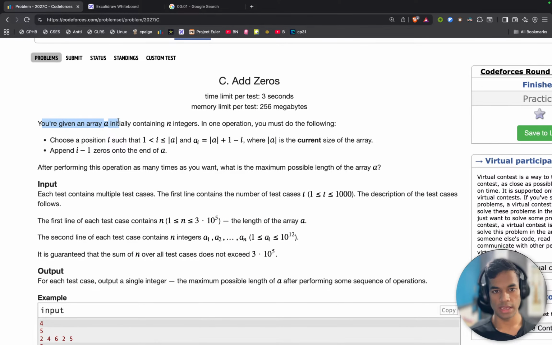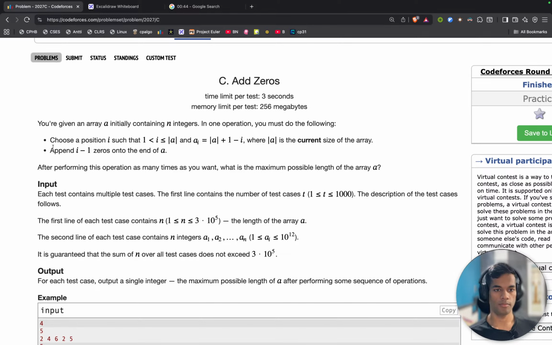You are given an array A initially containing n integers. In one operation, you must choose a position i such that i is between 1 and the size of A, and a[i] equals size of A plus 1 minus i. Okay, where the size is the current size. Size plus 1 minus i would be the number of elements to the right, including the current number.